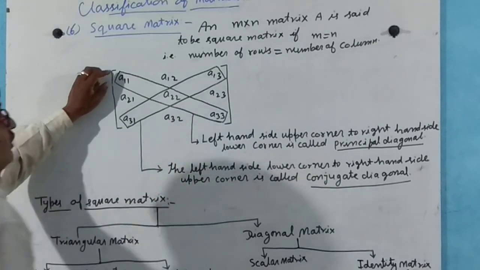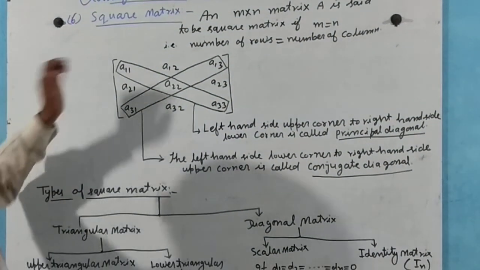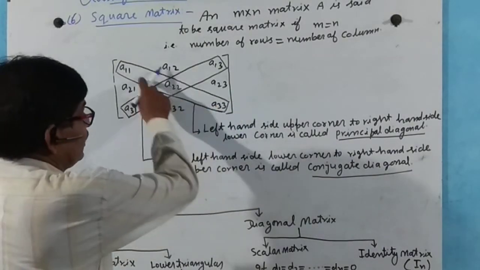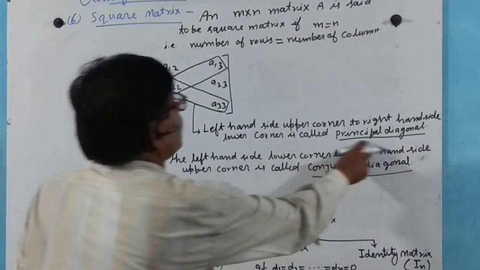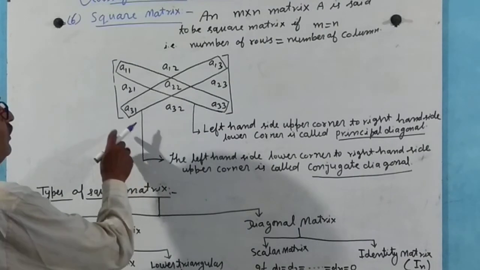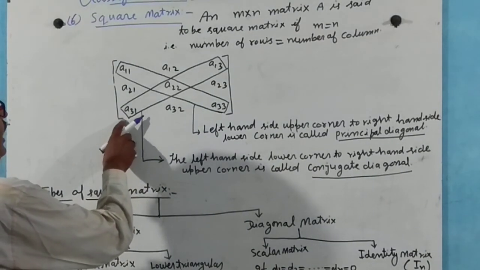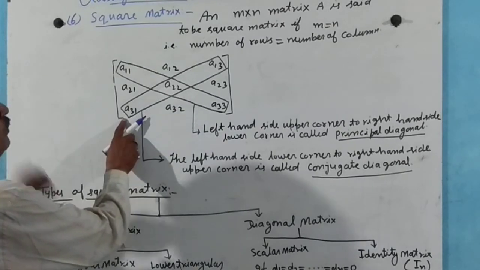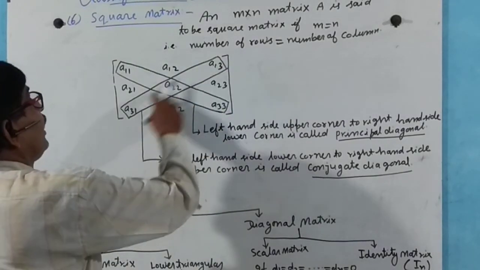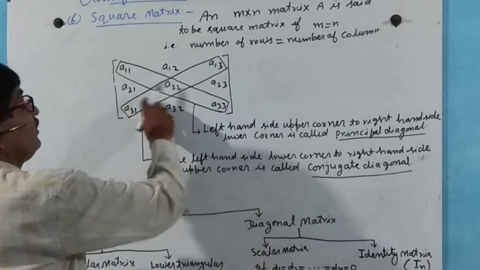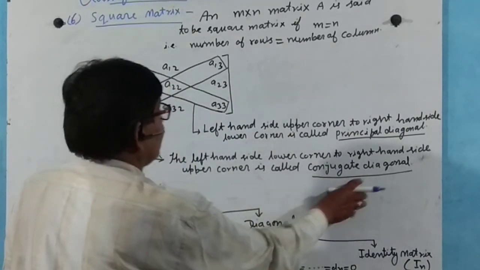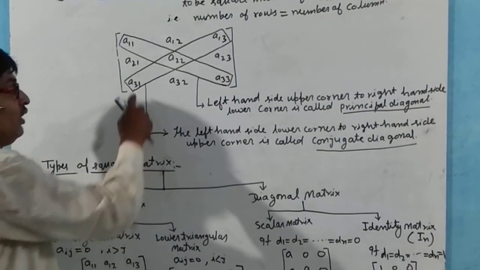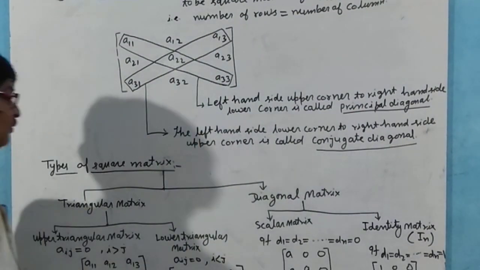And the diagonal from the left hand side lower corner to the right hand side upper corner is known as the conjugate diagonal.